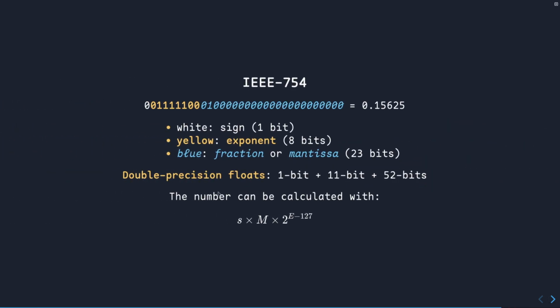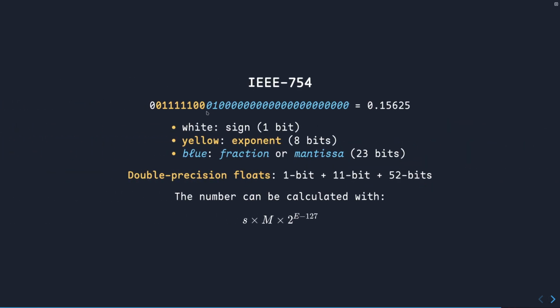On that note, there's one thing which we still need to explain about this mantissa part. Because we're working with binary numbers, we can actually use a very clever trick here.